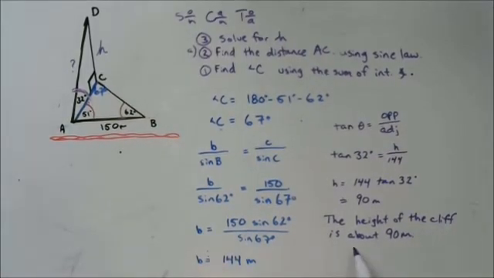Now we say about 90 meters, first of all, because some of our answers are rounded. So for instance, the distance b across the river is rounded, and this answer is rounded, 90 meters. But also there's some room for error, margin of error, when you're using these tools to measure long distances.